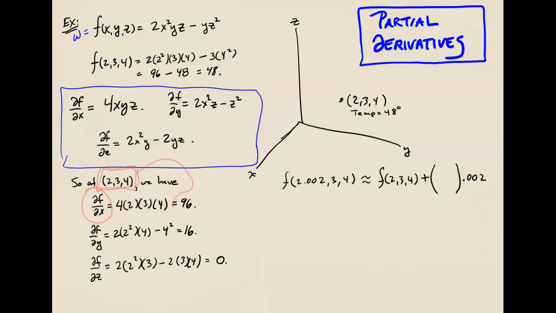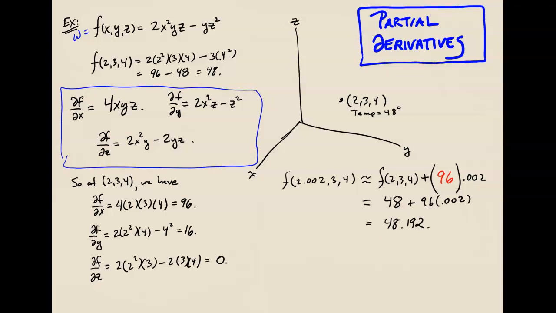And we've already seen that it has this big whopper of a derivative of 96, so I'll throw the 96 in there. And of course, we said that the value of f, the temperature, so to speak, at our original point was 48, and so now we just have to do a little bit of arithmetic, and we end up with 48.192 for our approximation.